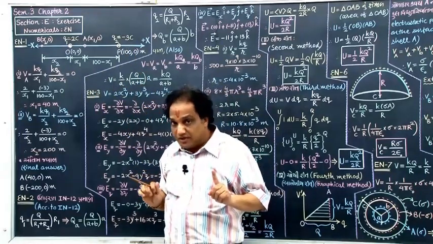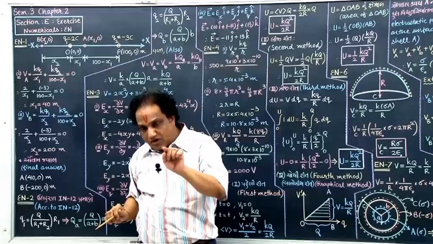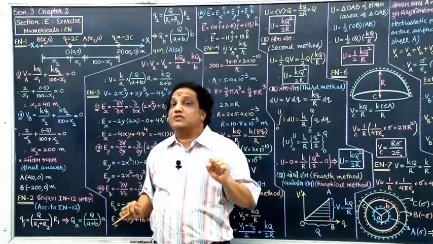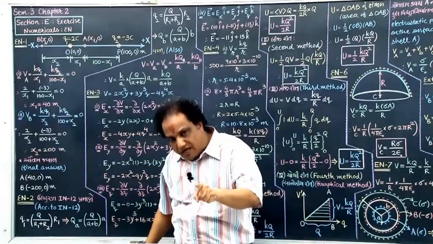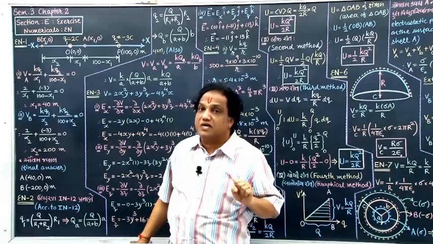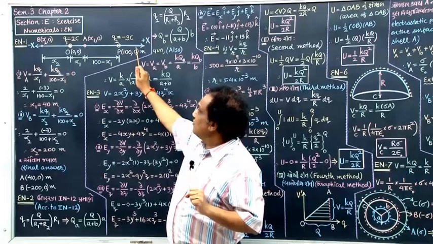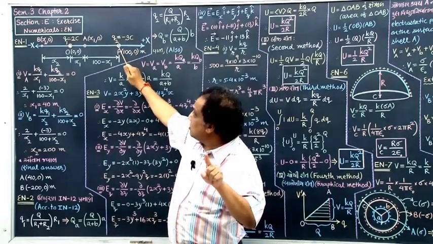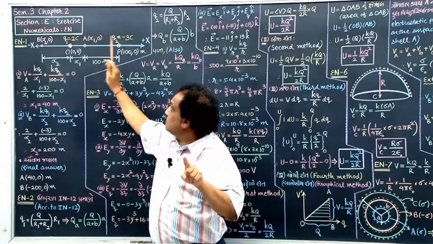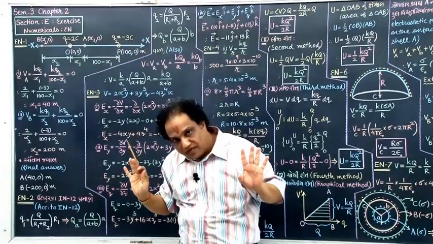No, it is not possible. I told you, a point where total electric potential becomes 0 in this case is closer to the smaller charge and away from the bigger charge. If you select a point over here, it will not be possible, because otherwise it will be closer to the bigger charge and away from the smaller charge. Not possible. Okay, fine.